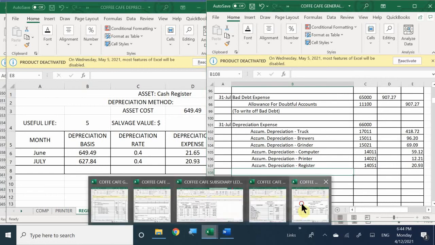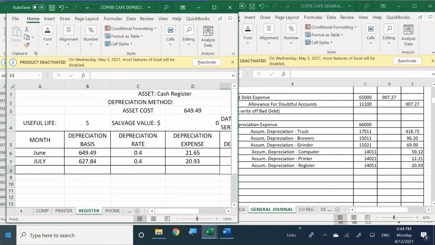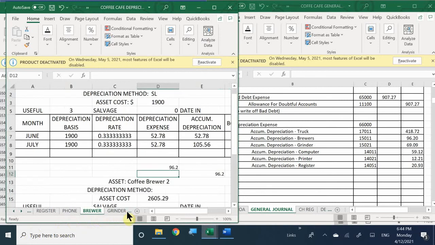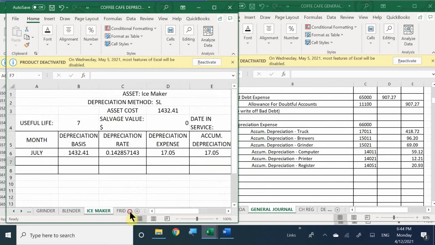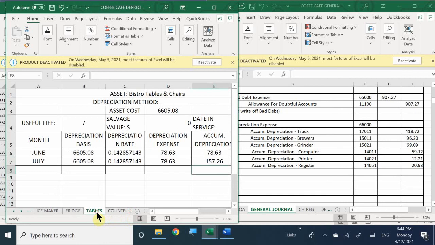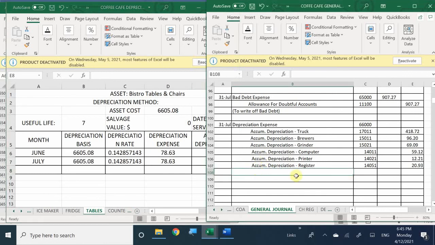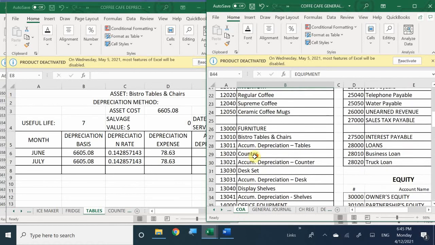Then we calculated the depreciation for our furniture. So I'm going to locate my tables. Okay. If you guys remember, the furniture were all straight line. So in this case, I'm just going to go ahead and accumulate depreciation for the tables, okay, which is account number, accumulated depreciation for the table.